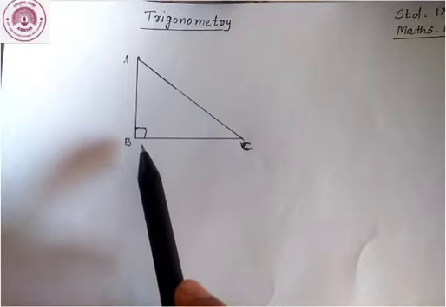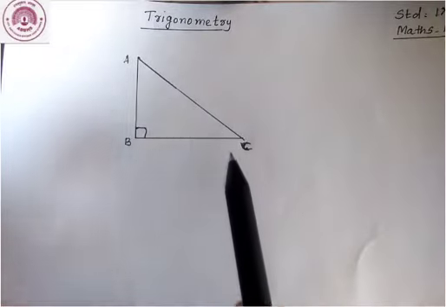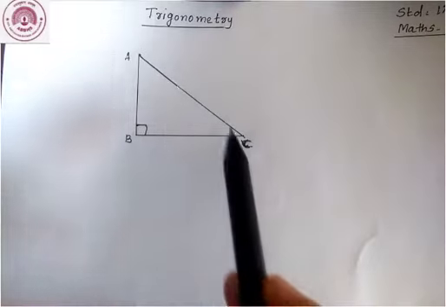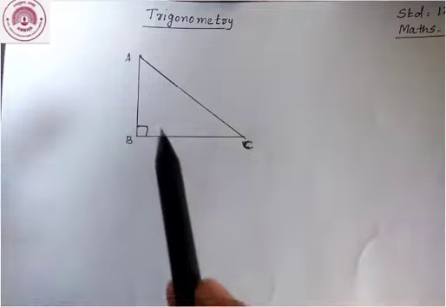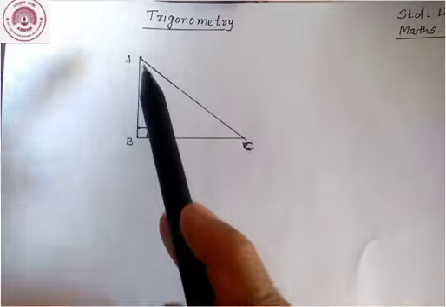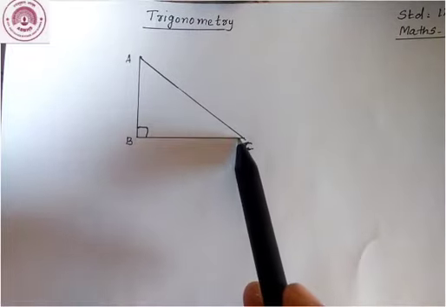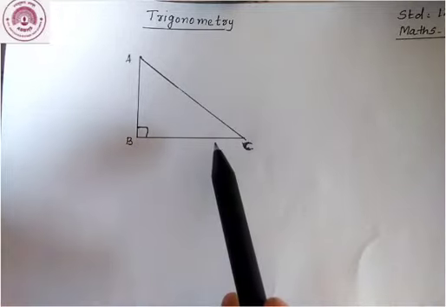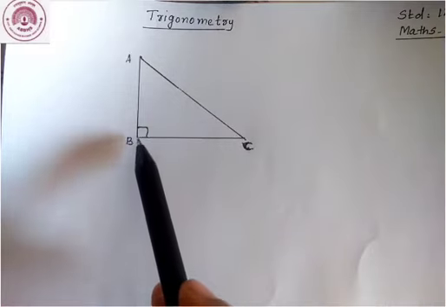Angle B. Angle B is a right angle, and side AC, opposite to angle B, is the hypotenuse. Hypotenuse means the side opposite to 90 degrees. What is the side opposite to angle A? Side BC. And the side opposite to angle C is AB. So which is the hypotenuse here? Side AC, the side opposite to the right angle.